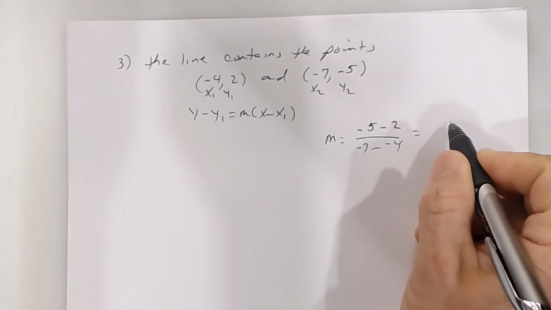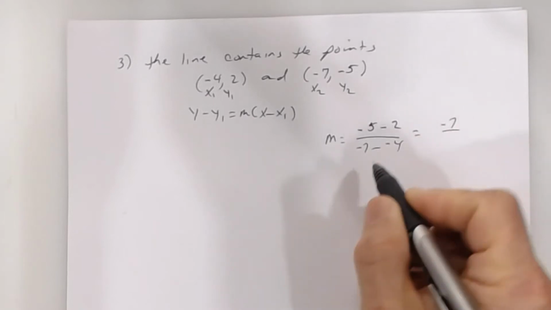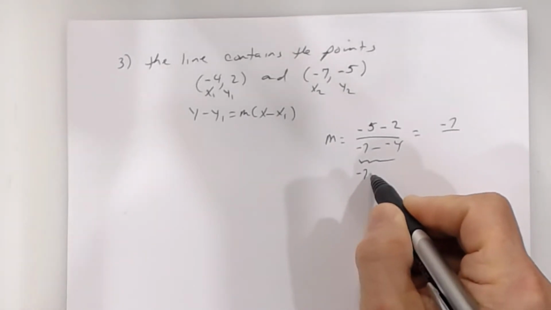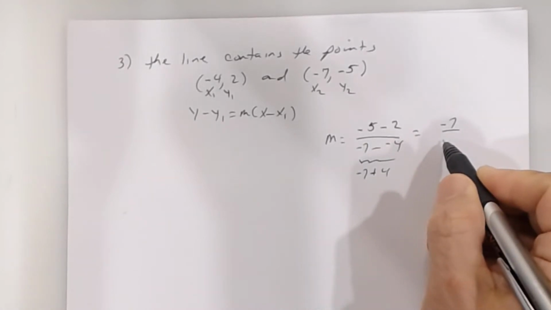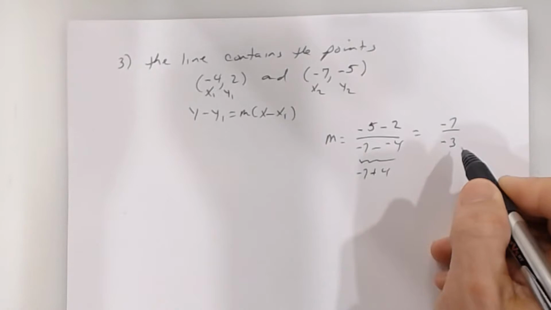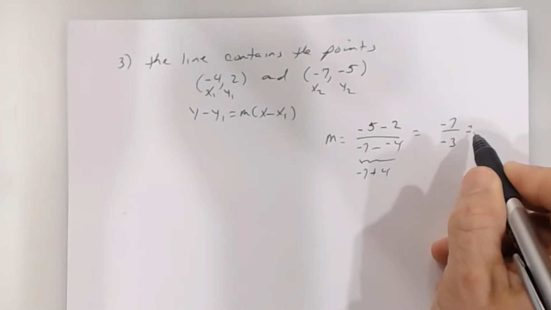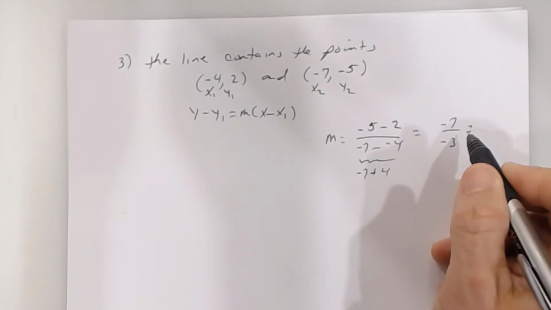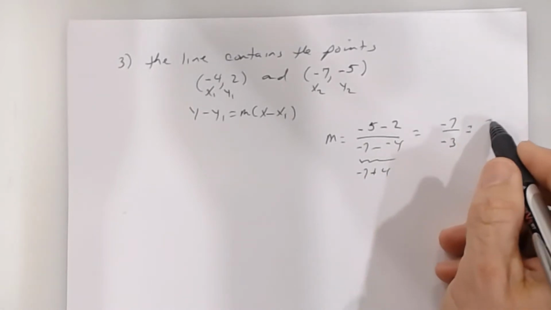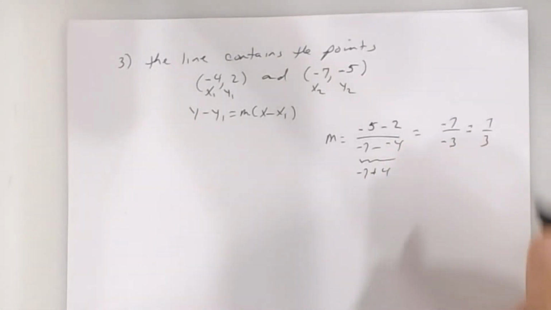What's the numerator? Okay. The denominator is negative 7 plus 4, which is negative 3. What else do you need to do? Rewrite negative 7 over negative 3 as 7/3. You need to know that a negative divided by a negative is a positive.